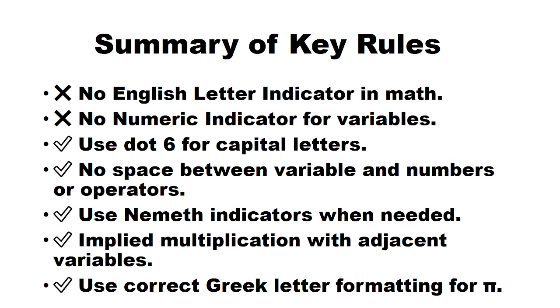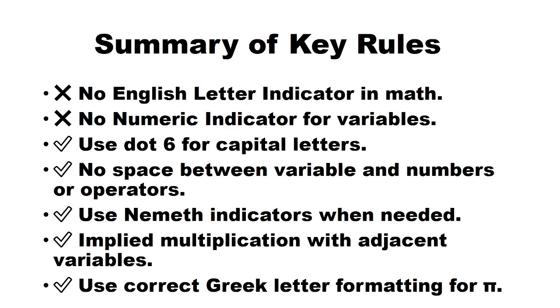Now, here is the summary of the key rules that we just learned in this video on writing variables in math. First, we do not use the English letter indicator in math. Next, we do not use the numeric indicator for variables. And we need to use that 6, the capital indicator, for capital letters, variables that are capitalized.